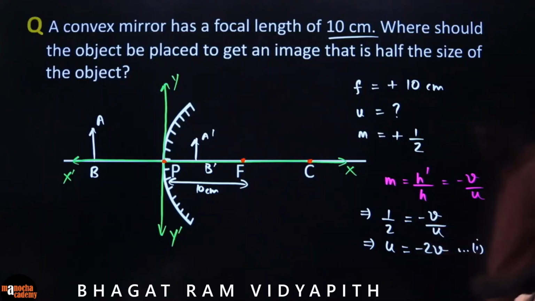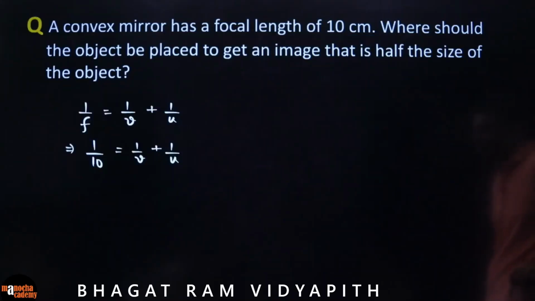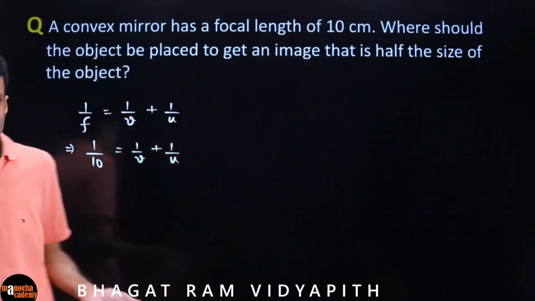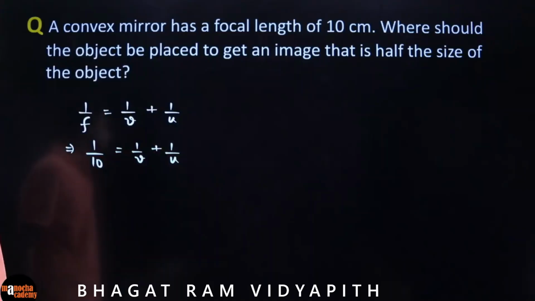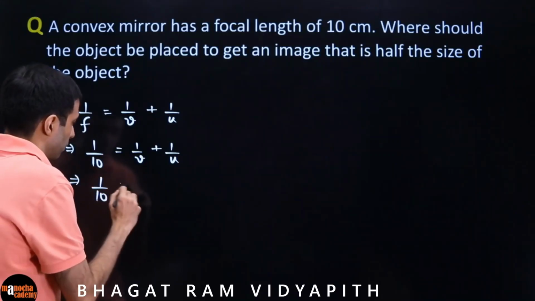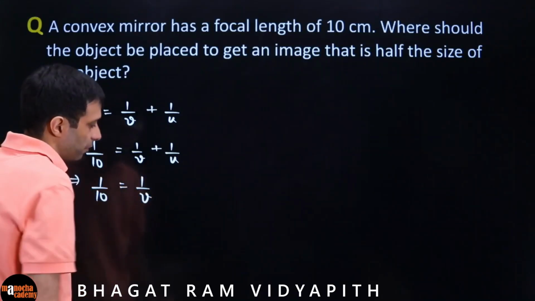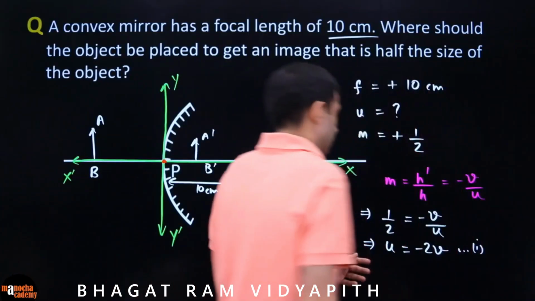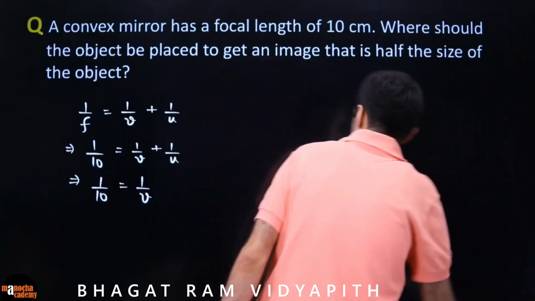So maybe we can substitute u. We can replace it with minus 2v. Or you could replace the v with u by 2 based on that, right? So I'm just going to substitute. We have u is minus 2v. So let's put that.